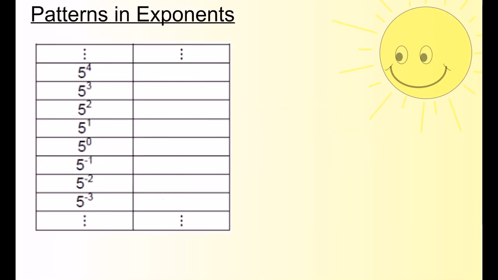Now, this chart here is just to show some of these different properties. It doesn't show all of them, but it helps you see a pattern. So we'll start here at 5 to the 1st power and work our way up. So 5 to the 1st power is 5.